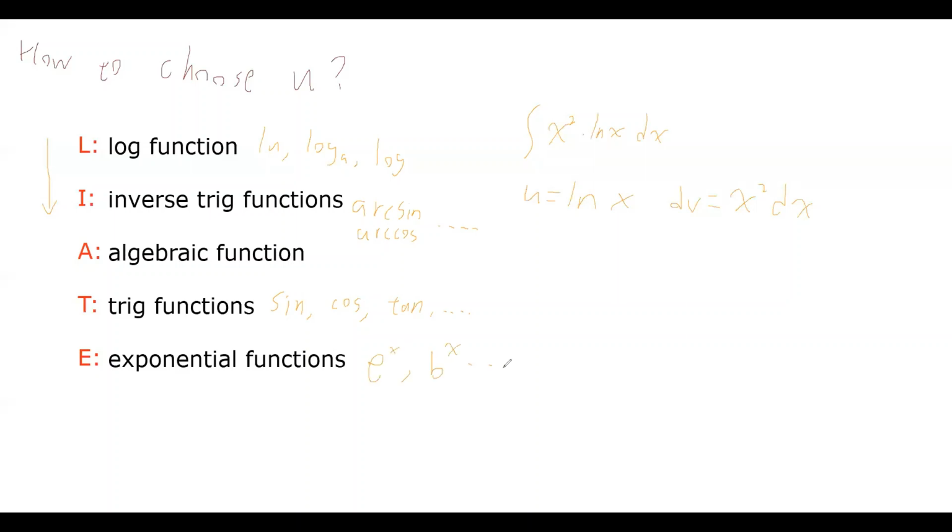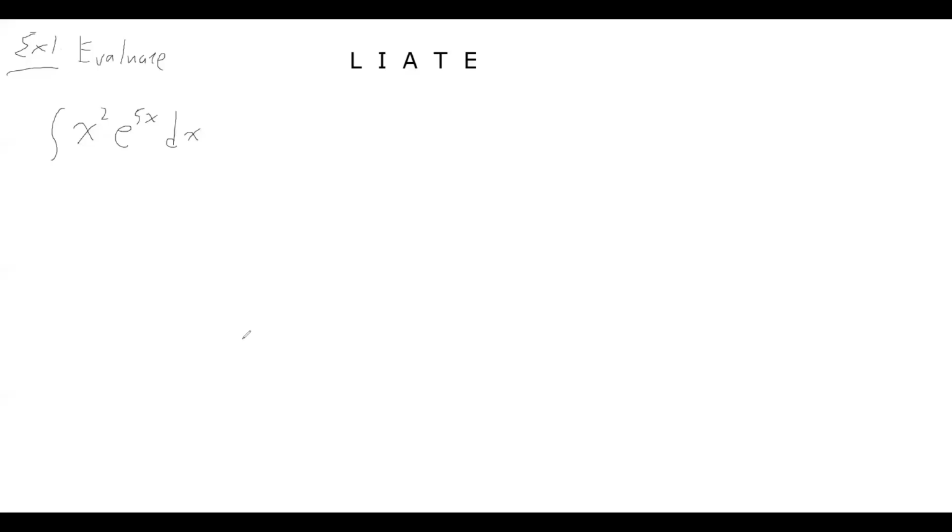Okay, so we have everything we need, and let's dive into a bunch of examples together. All right, our first example, we're going to integrate x squared times e to the 5x dx. Following our last page of notes, we're going to follow this order to pick out our u. First, L for log. Do we have any log?